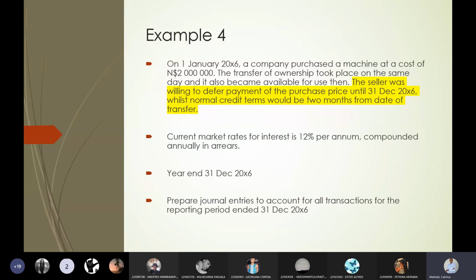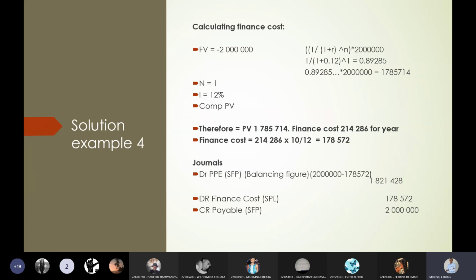All right. So if we go back to our solution, we have already calculated interest for the year, but we can't say that this entity must pay interest for the whole year. Why? Because under normal credit terms, they would already get the 2 months, so that doesn't form part of the period for which the interest should be allocated.